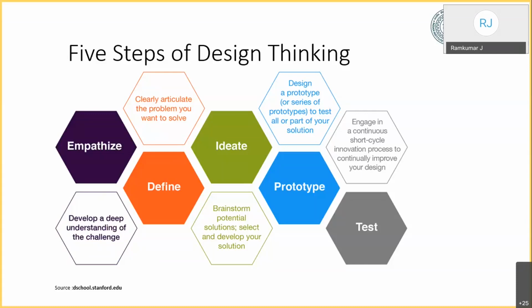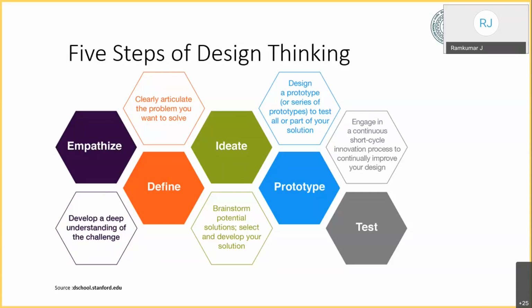The next thing is you start ideating. From the definition of the problem, you try to develop at least 100 ideas. For the same definition, at least 100 ideas. And at this stage, you are not supposed to evaluate any idea as good or bad.